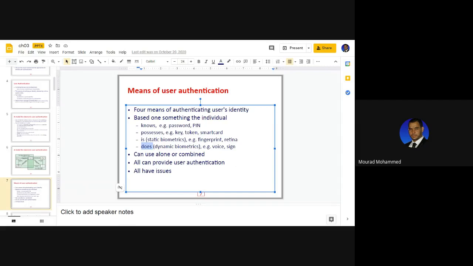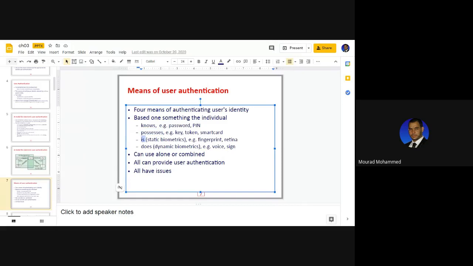Any user or any actor or any claimant to be authenticated versus a relying party has to know something, or to possess something, or to be something, or to do something. Know something like username and password, like a PIN to activate your credit card or your SIM card. To possess something, it's a token, or let's say credit card or smart card, like University of Newsbury cards.